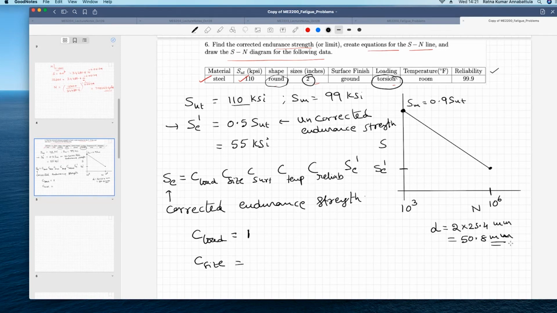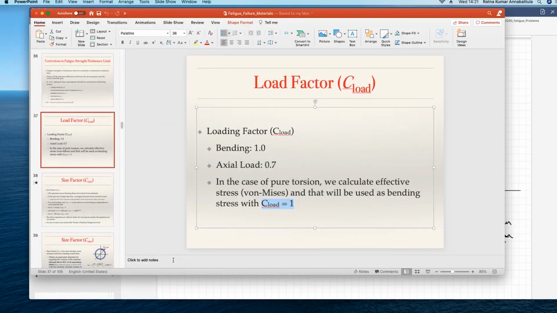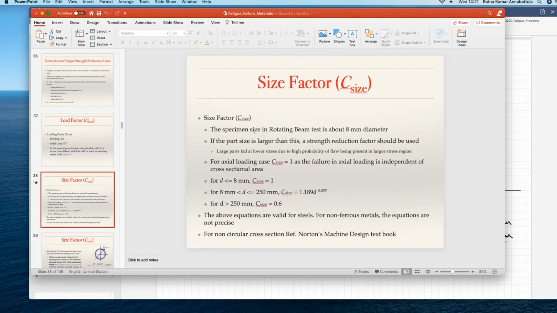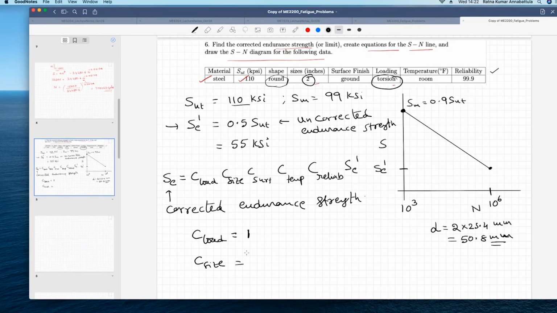So do we need to take the size correction? Let us see. For C size, if it is a member having circular cross section, if D is less than or equal to 8 mm, you don't have to have size correction factor. But if it is between 8 mm and 250 mm, you need to have a correction factor using this formula, right? 1.189 times D to the power minus 0.097.